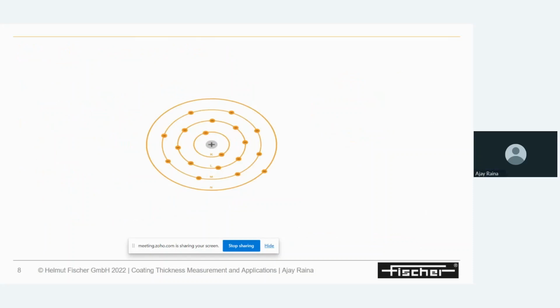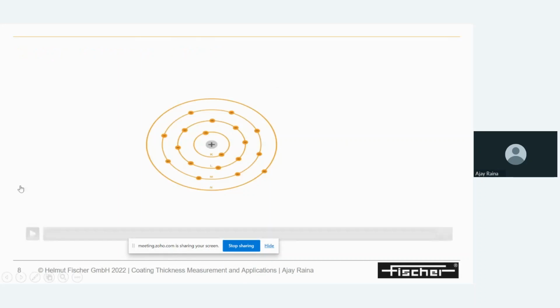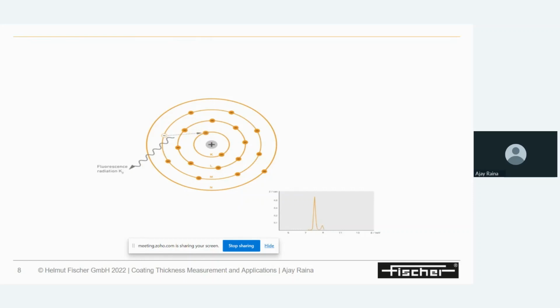I can run it again so that you can see exactly. X-rays bombard the sample, it gets excited and the electron comes out of the shell, then the outer shell electron comes inside. The spectrum is detected with the help of the detector, and it gives information about whatever elements are present in the sample.